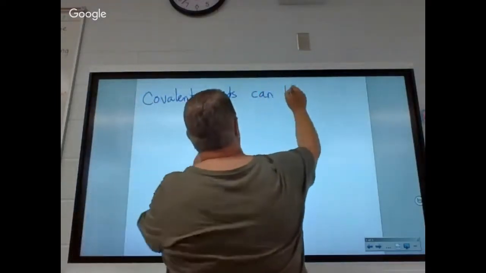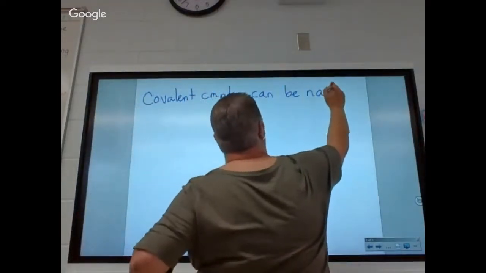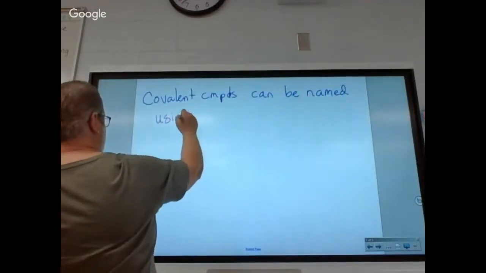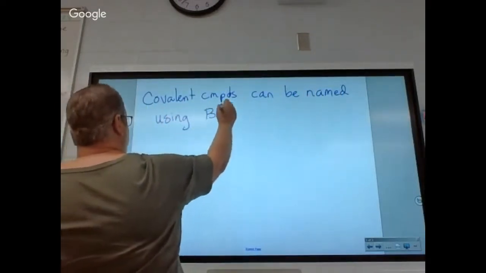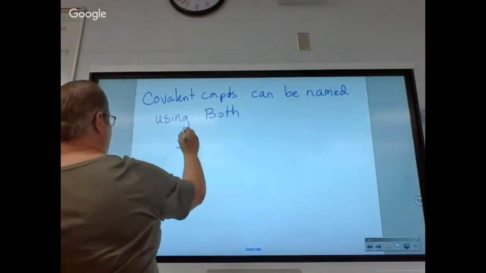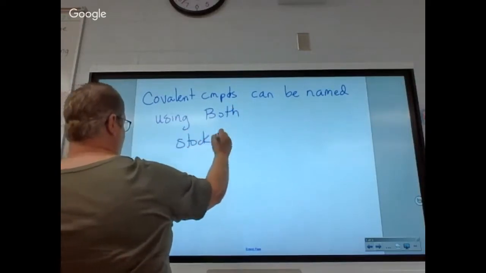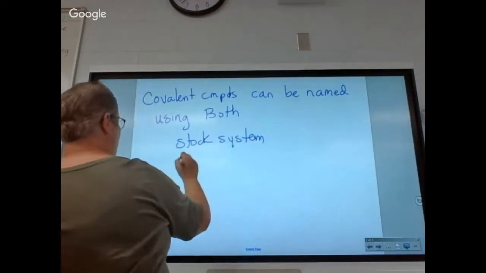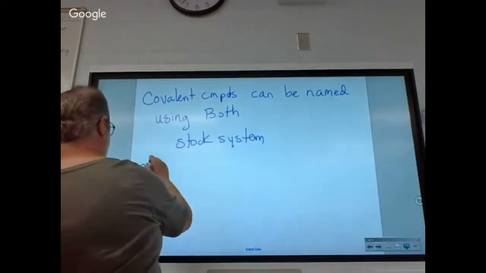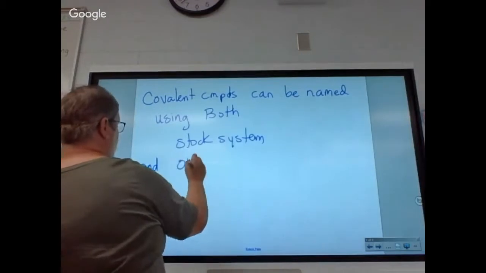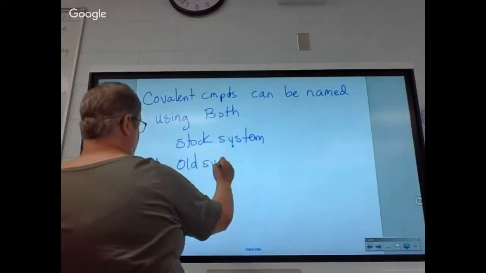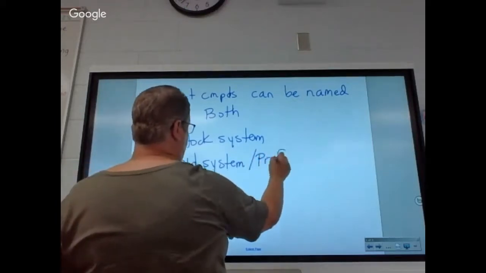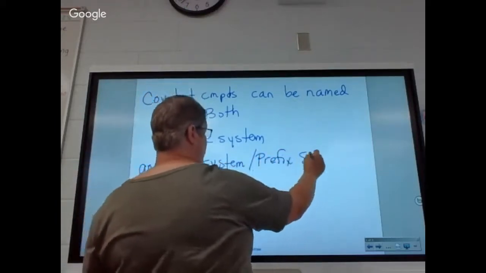Can be named using both stock system and old system, which is also referred to as the prefix system.